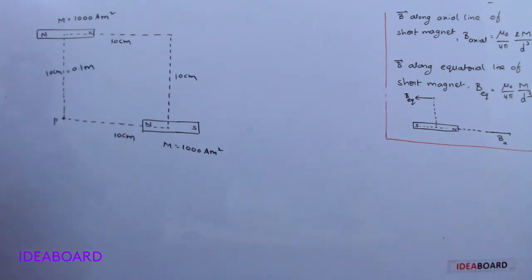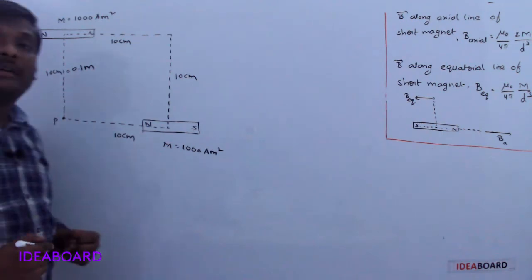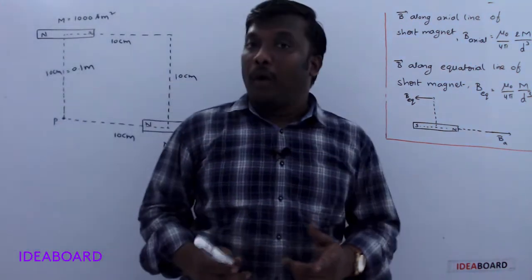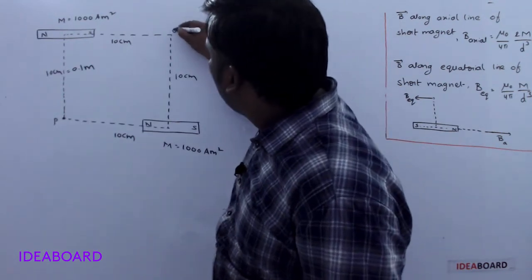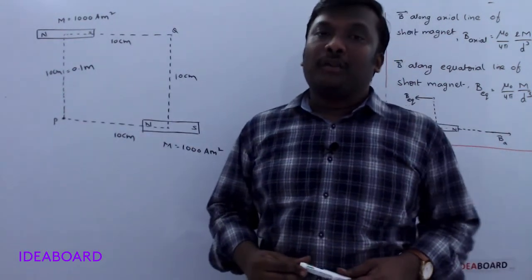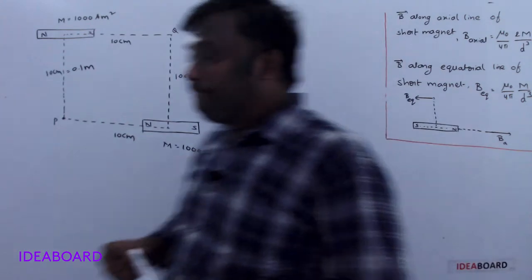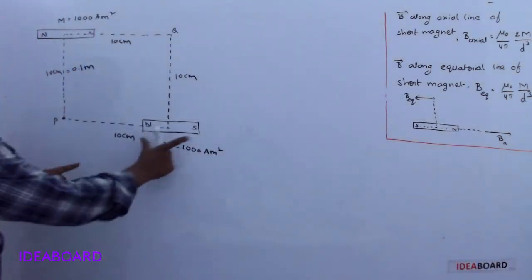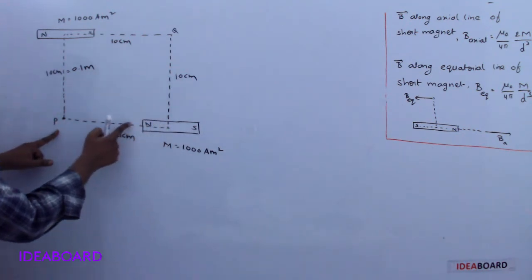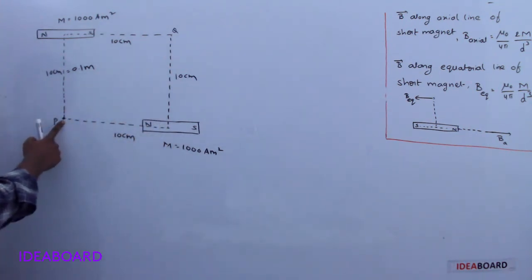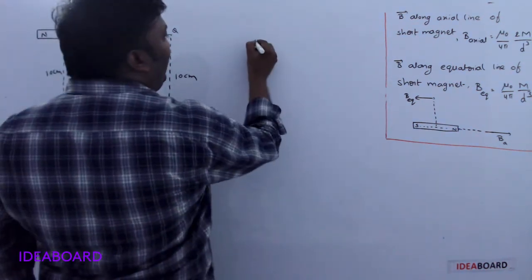Now what is the magnetic field induction at point P? How can you find the answer? Let us see. For this magnet, point P is along the axial line. For the axial line, what is the formula for B?